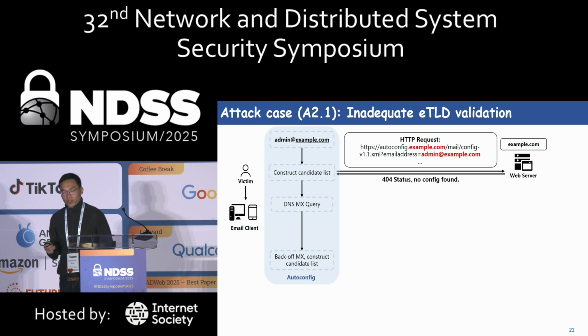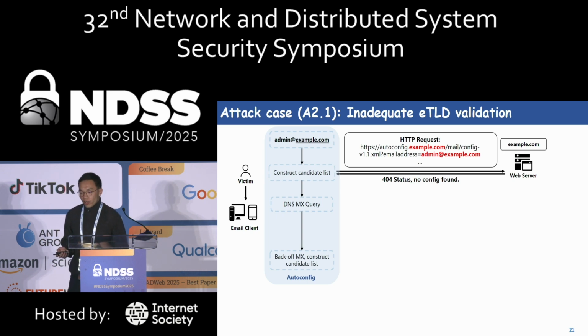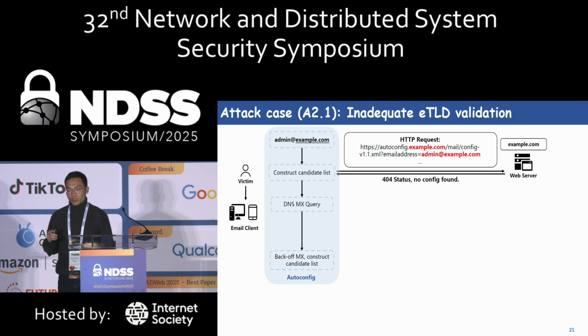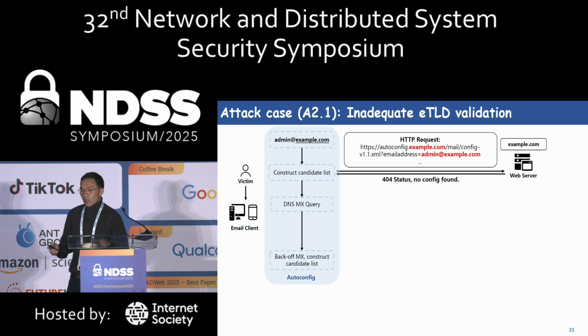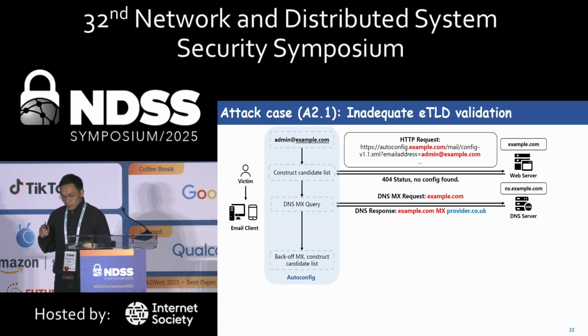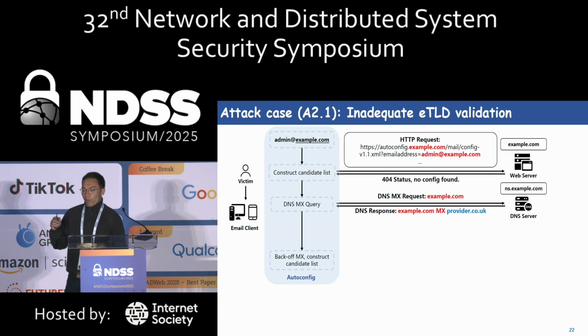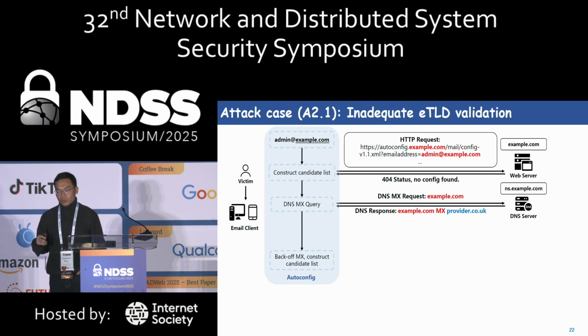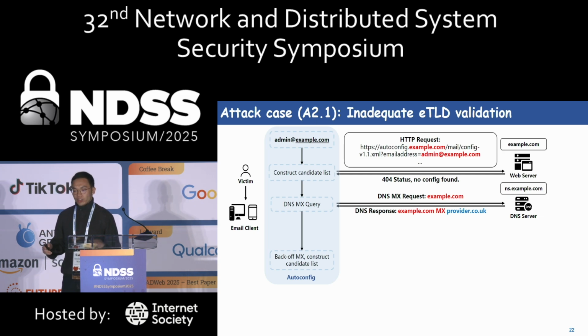So let's look at how it works. First, a client will extract the domain part to construct a candidate list. As the server does not support Autoconfig, all requests will fail. So the client now falls back to a DNS request to obtain the MX hostname.